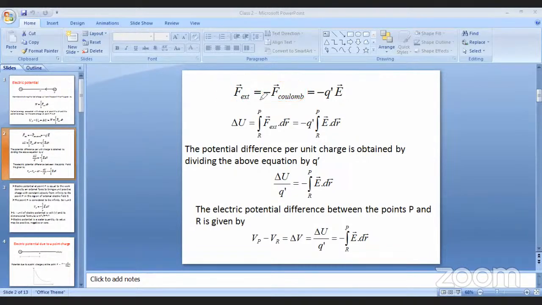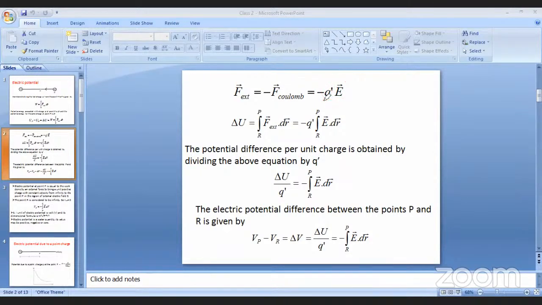So since the external force done by us is in the opposite direction to the Coulomb force between the source charge and test charge, we are using the negative sign here. So this force is actually represented by Q into capital E. That is, whenever you keep a charge in an external electric field, the force experienced by the charge is given by Q into capital E.